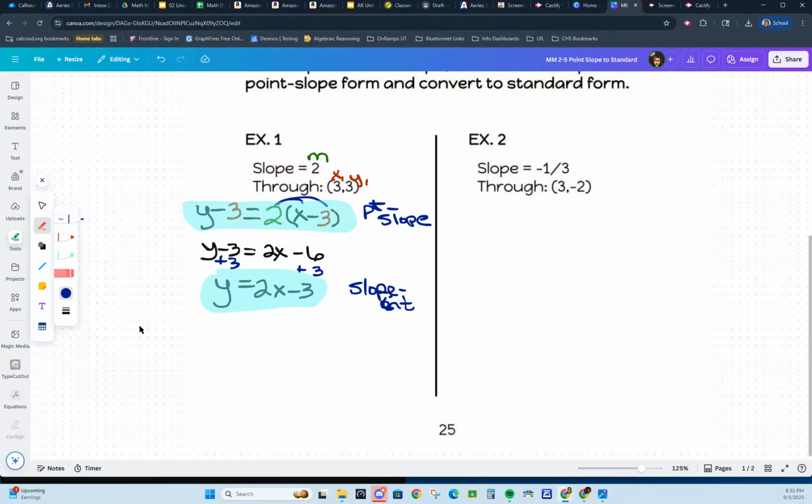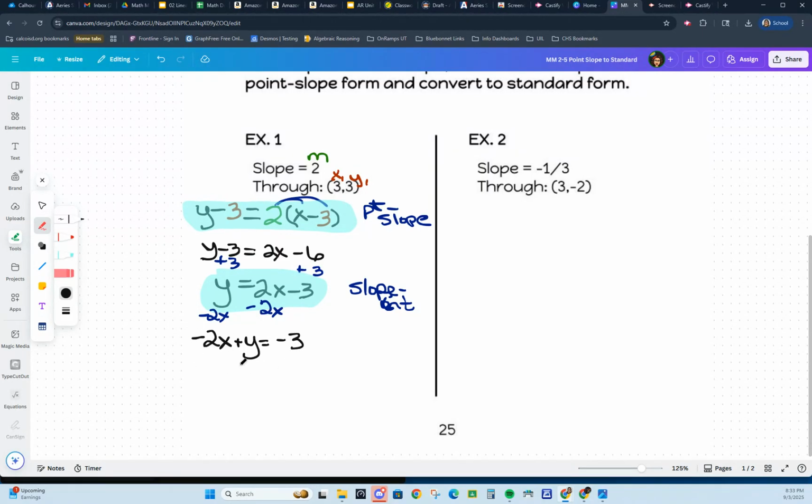So now, to get from slope-intercept to standard form, we're going to subtract 2x and make it negative 2x plus y equals negative 3.